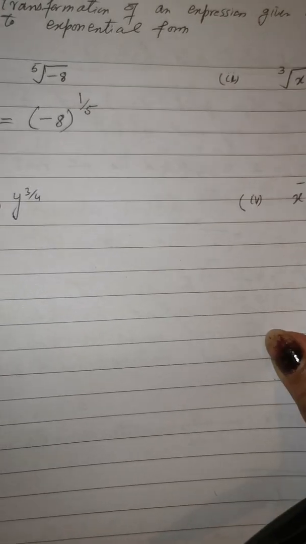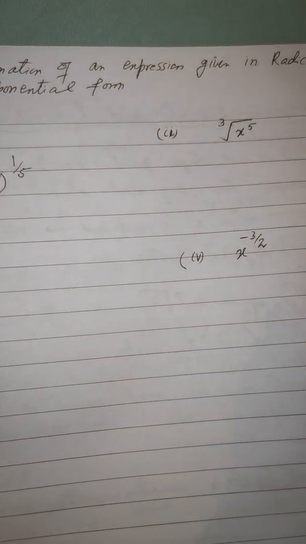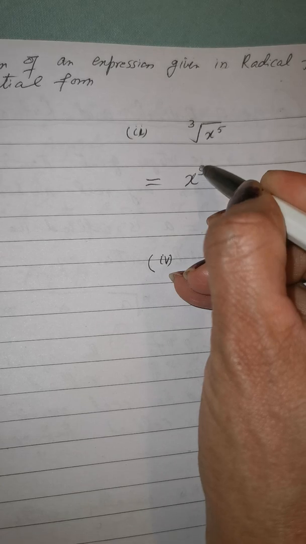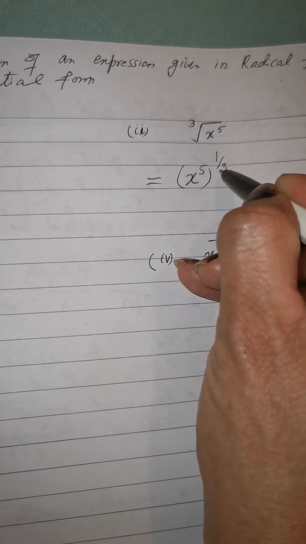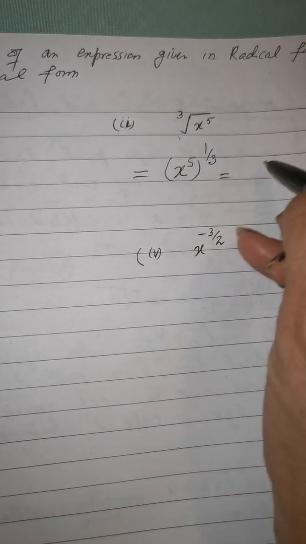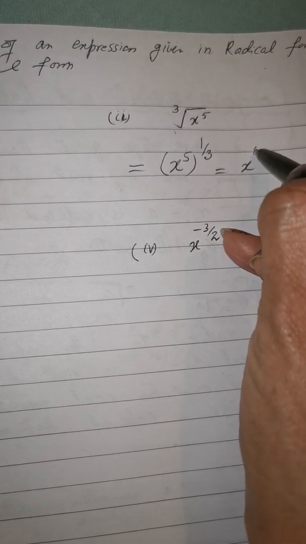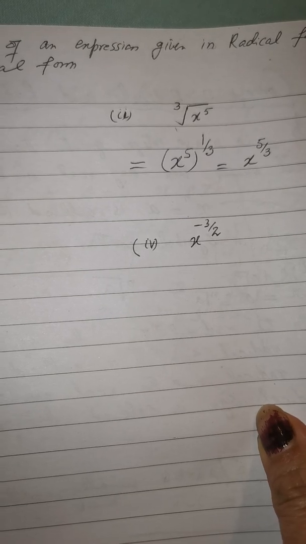In this way you can write it in exponential form. Similarly, here x power 5 under root 3: I will replace under root by 1 by 3, and the powers will multiply each other. Power will become 5 by 3.